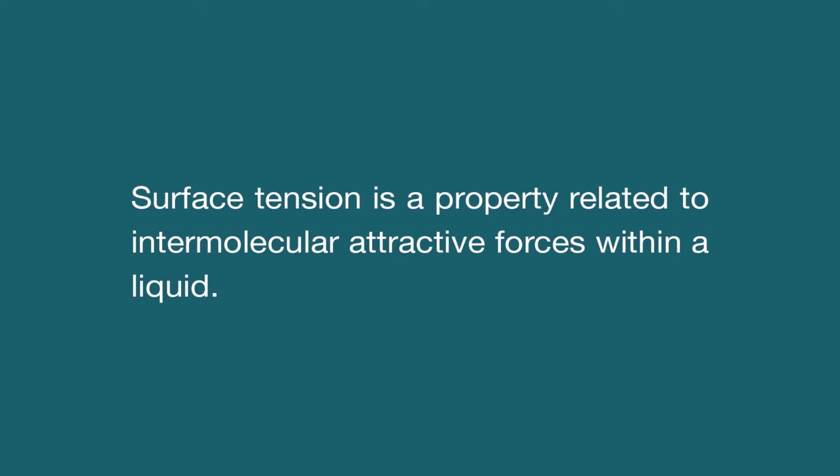Surface tension is a property related to intermolecular attractive forces within a liquid. Consider a molecule situated in the interior of a liquid. This molecule feels no resultant attractive force on it because it is uniformly attracted by other molecules from all sides. But when we consider a molecule at the surface, this is not the case.